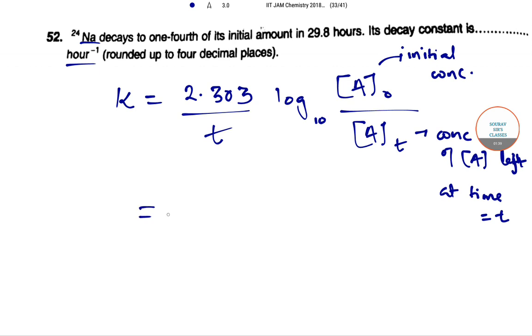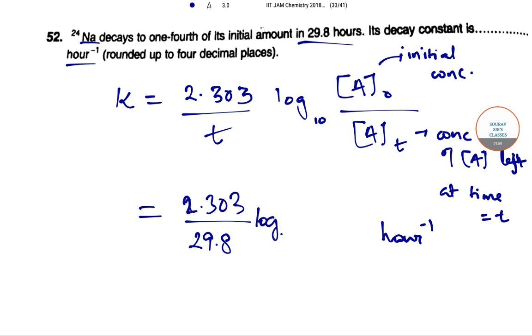So in this question there is basically nothing, you have to put the values here. Time is given as 29.8, so this will be in hour inverse, and 2.303 over log base 10. A naught is not given, but A t is given as 1/4 of its initial concentration.